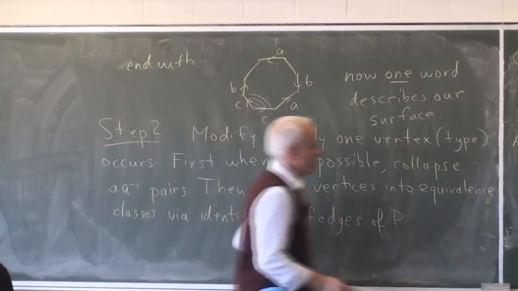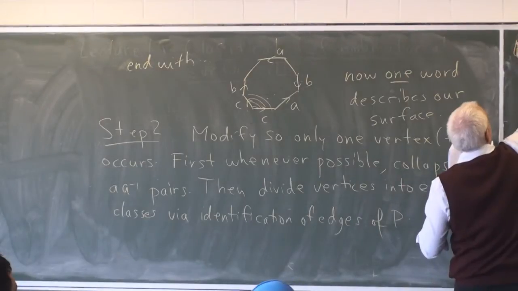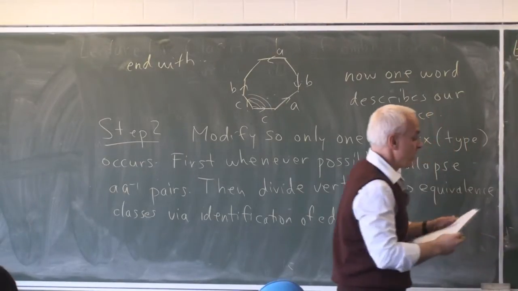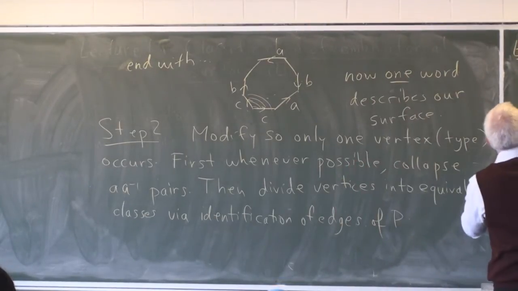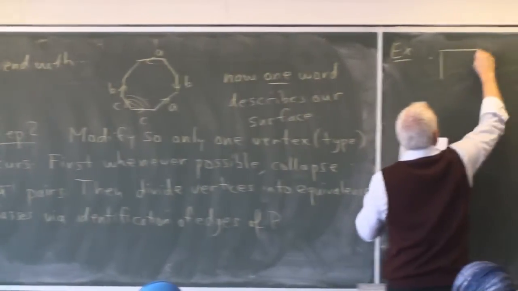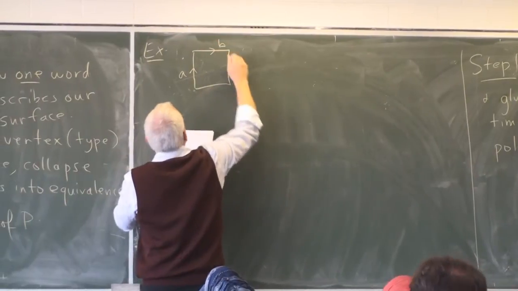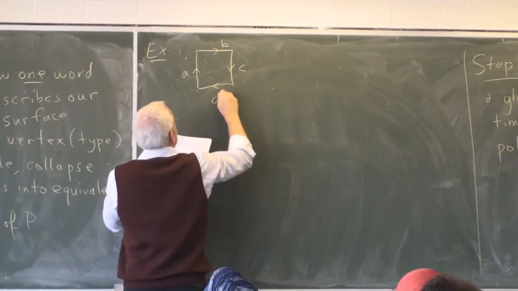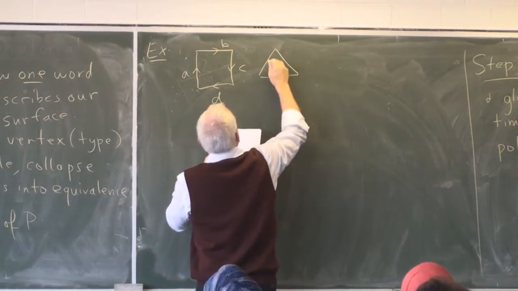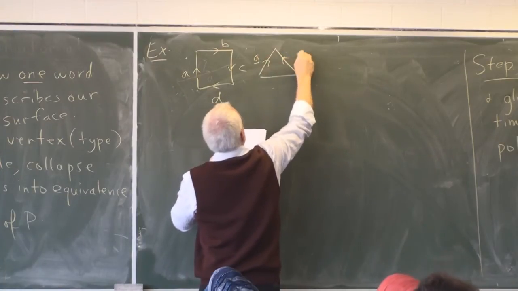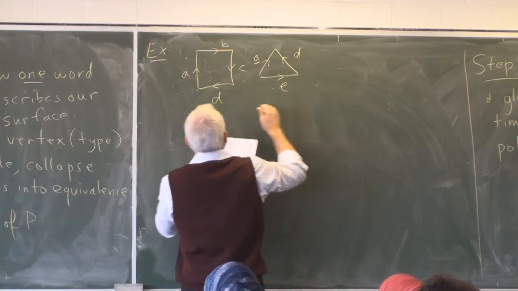And let's do an example. As an example, I'm going to have a look at that same example that we talked about last time. So A, B, C, D is a square. G, D, E is a triangle.